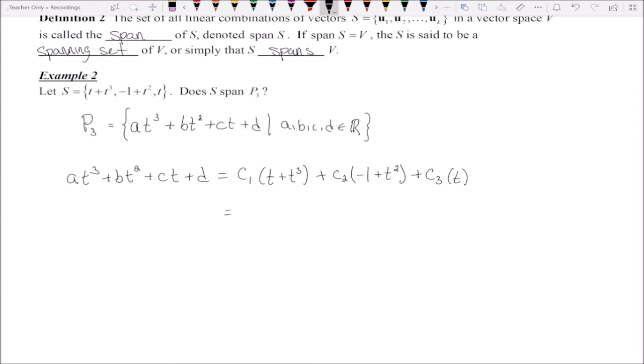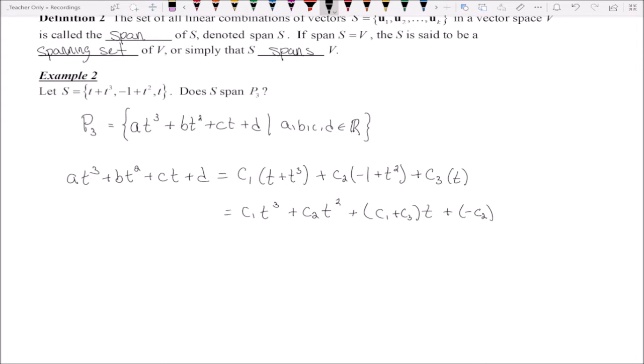To make things easier, let's go ahead and group like terms. So we'll get c1t cubed plus c2t squared plus the quantity of c1 plus c3 times t, and then plus a negative c2.